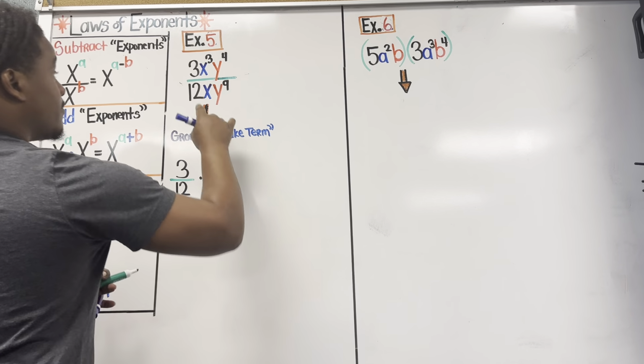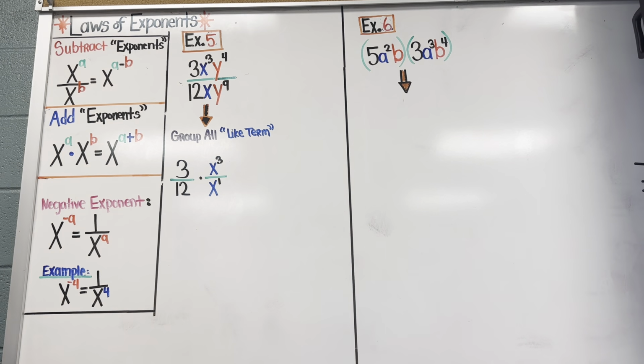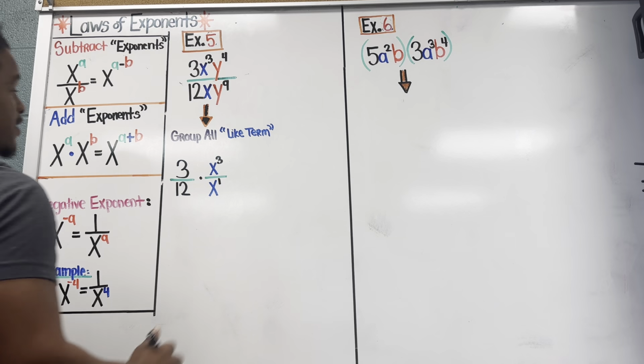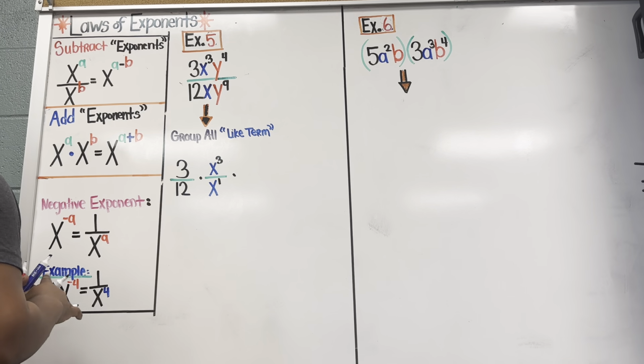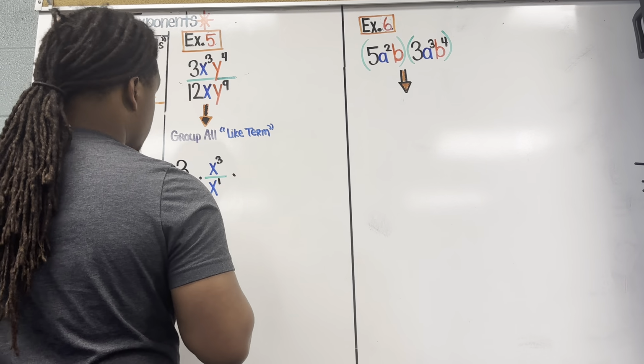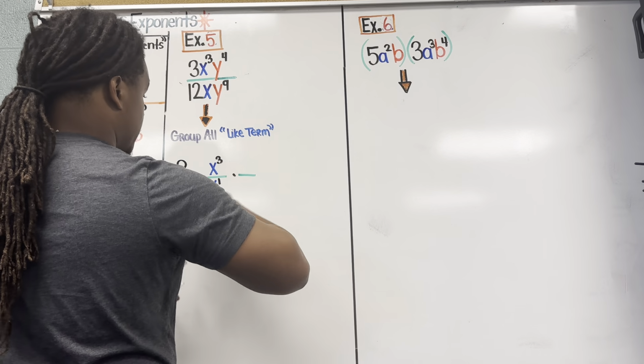And remember, guys, x is actually x to the 1st power, so I'm just going to put that so we know, right? And then the last grouping, guys, is the y's, okay? I have y to the 4th power divided by y to the 9th power.